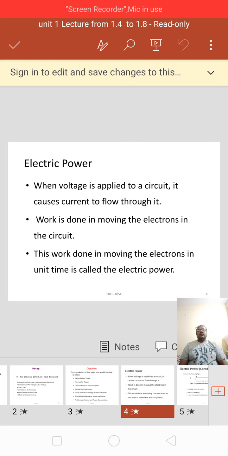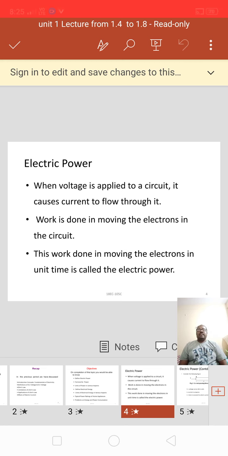Simply, the movement of electrons in a circuit with the help of energy, that is work, is nothing but electric power with respect to time. That is, work done in moving the electrons in unit time is called electric power.